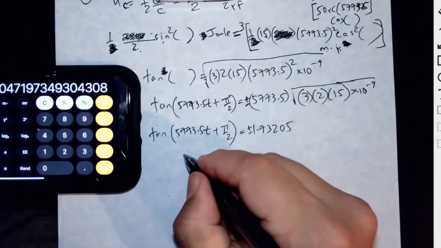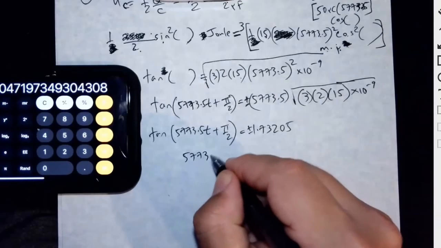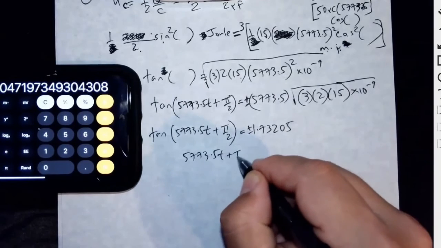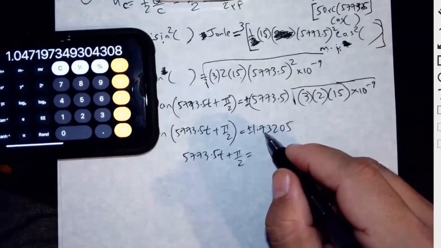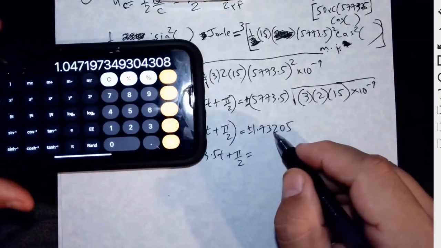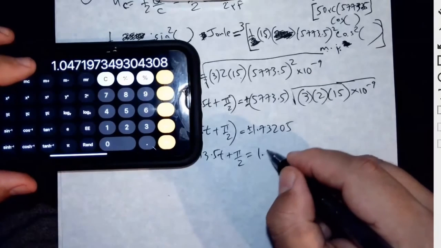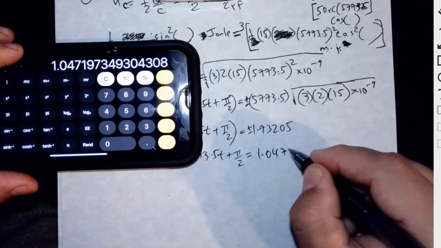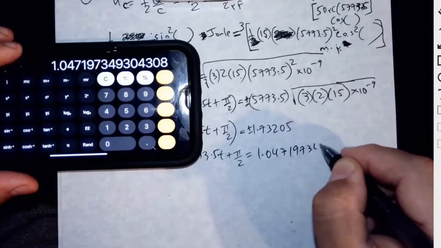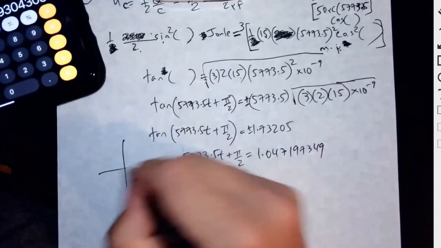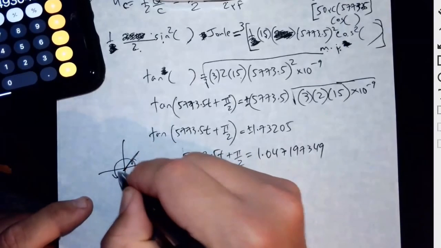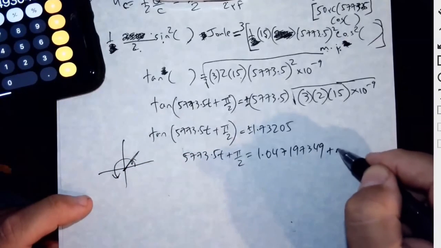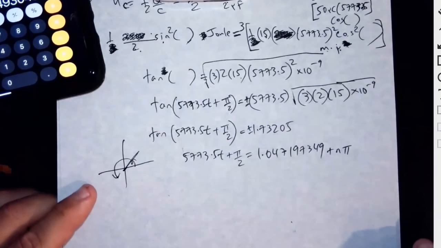Okay, so then I have to say 5773.5t plus pi over 2 is equal to the inverse tangent of the positive value that gave you that. That's in the first quadrant where the tangent is positive, or any pi multiple of that, plus n pi. Okay?